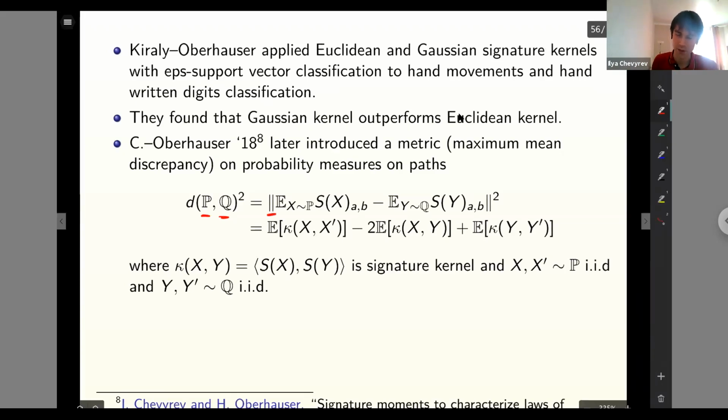And because this norm is given by an inner product, you have the kernel kappa on the signature. So kappa of x and y is equal to the sum over all words, where we don't restrict to finite length.